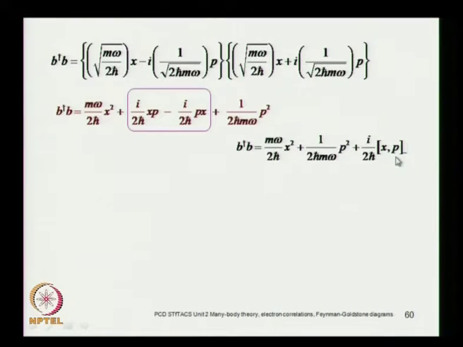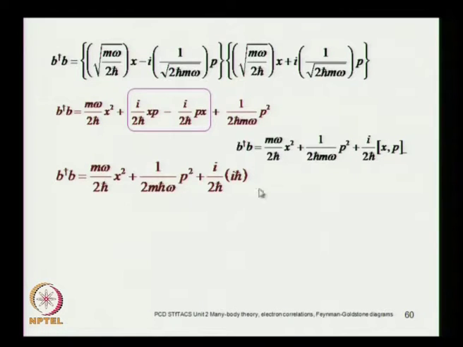That is the famous x comma p commutator which you know is i h cross, and you can write i h cross in place of this. You have got a term which is quadratic in x and a term which is quadratic in p, and then this i h cross. So this i together with this i will give you minus 1, this h cross will cancel the h cross in the denominator, and you will get minus 1 over 2 from the last term.